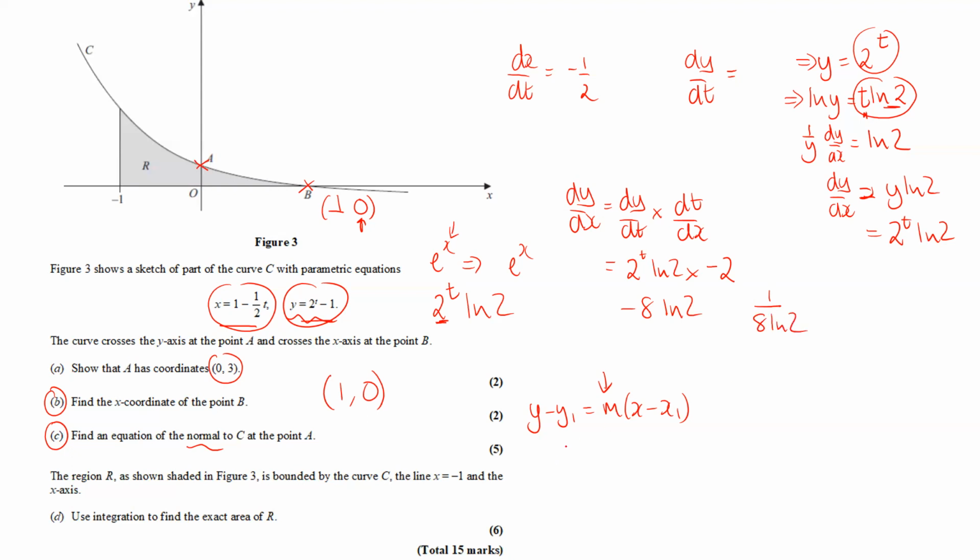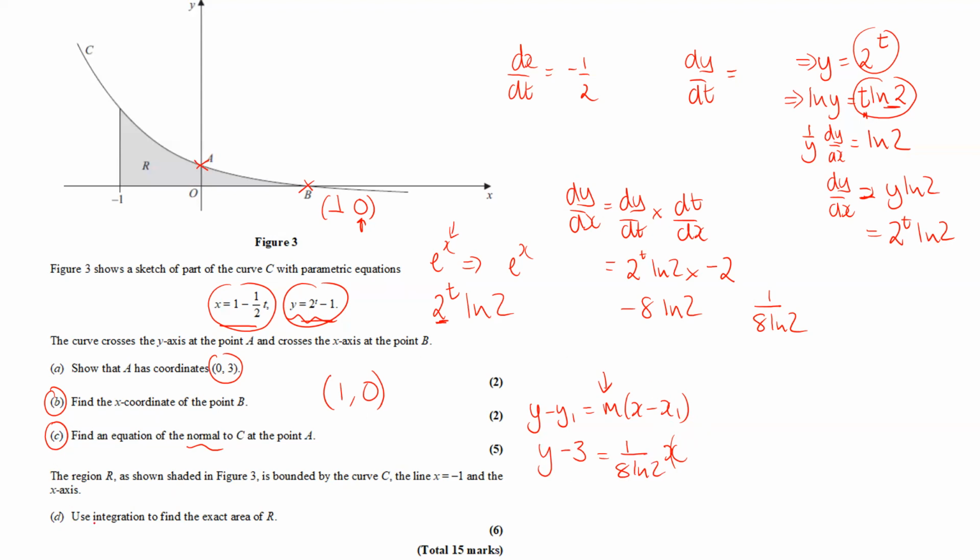And then putting it in here, we've got y minus 3, because remember we're at the point A, is equal to 1 over 8 ln of 2, and then x, because x1 is 0. So you can just rearrange that.